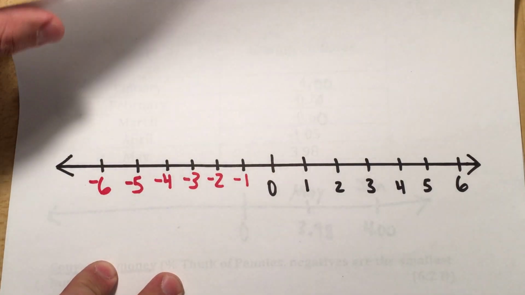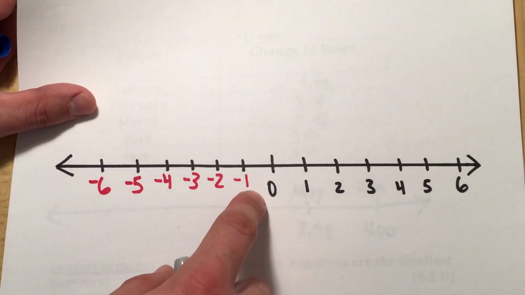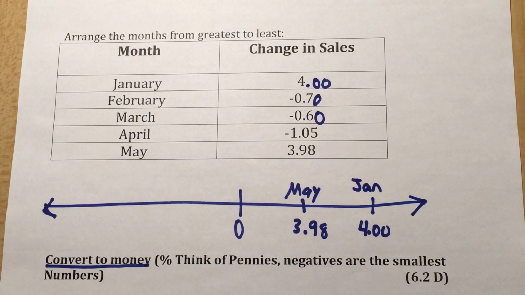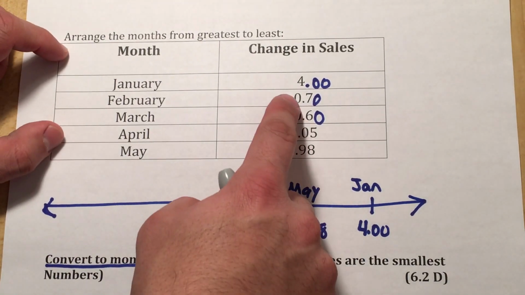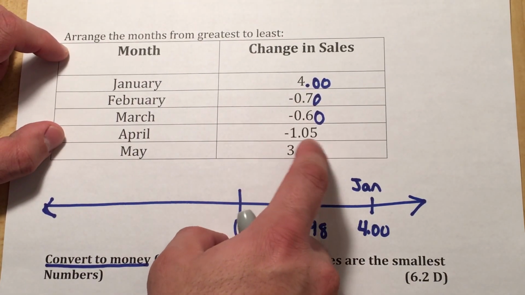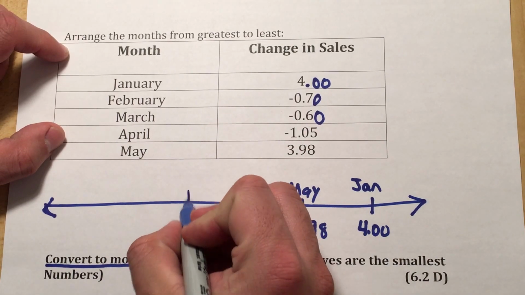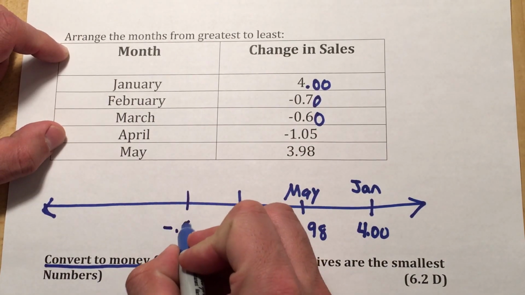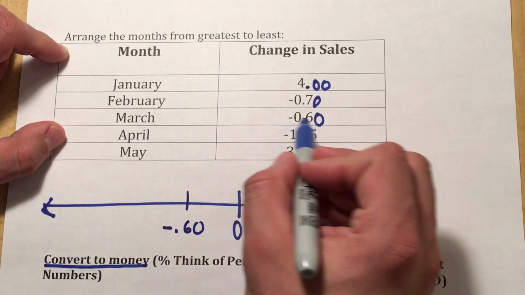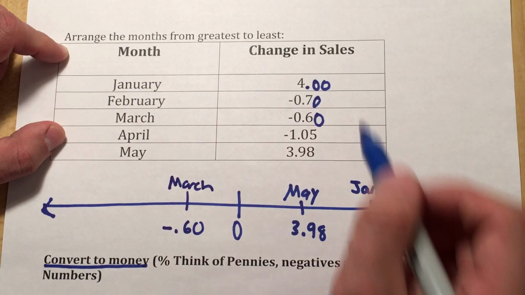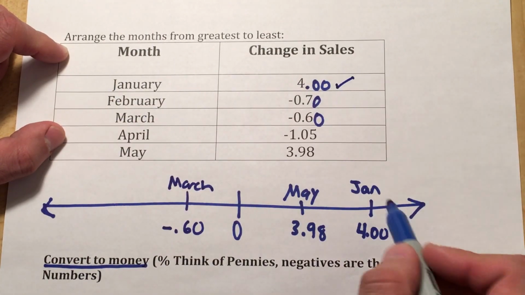So I want us to put these numbers here in order. If we see that it's starting with -1 and they're counting up, which number would be next? So let's look at these numbers here. We have -0.70, -0.60, and -1.05. Well, -0.60 would be next, right? So we're just going to put here -0.60, and that represents the month of March. Let me just go ahead and put a check mark next to these numbers so we'll know we've already used them.